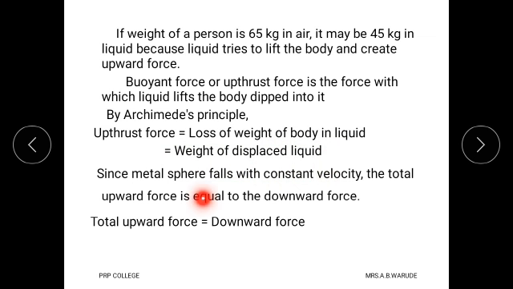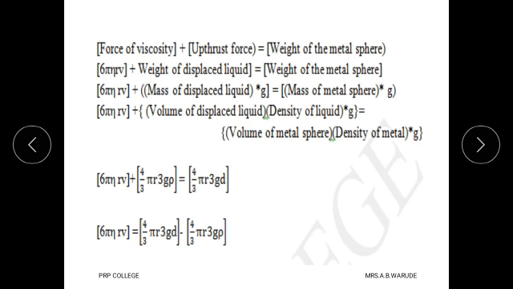Since the metal sphere falls with constant velocity called terminal velocity, the total upward force is equal to the total downward force. But here two forces act in the upward direction, and therefore the total upward force equals the force of viscosity plus the upthrust force, and it equals the total downward force, which is the weight of the metal sphere.